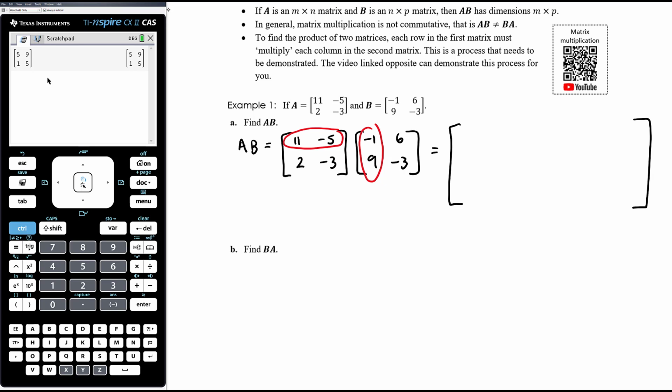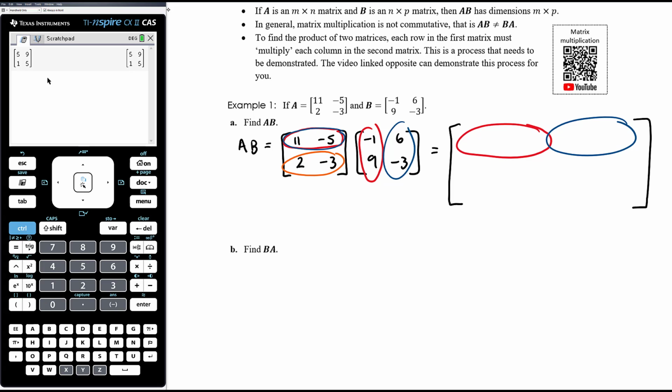When we multiply, and I use that phrase multiply loosely, I'll talk about what it means to multiply those together. But when we multiply the top row by the left column, that value that we get is going to go in the top left of our answer. Okay? When we multiply the top row by the right column, that will go in the top right. When we multiply the bottom row, oh sorry, that's a thick pen, let me try a different pen.